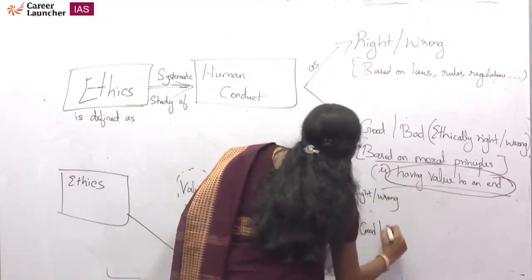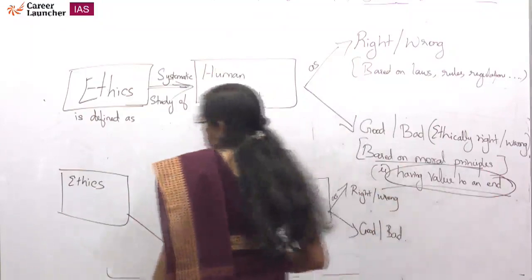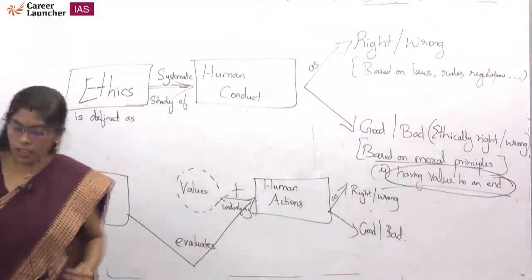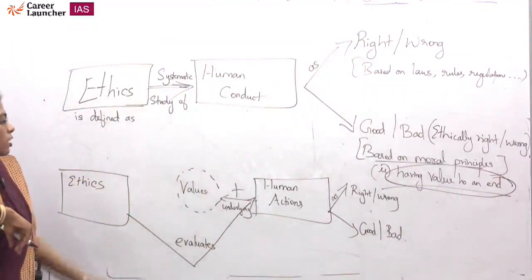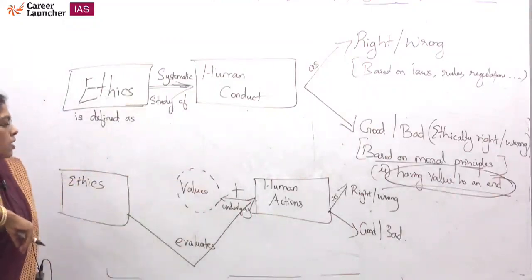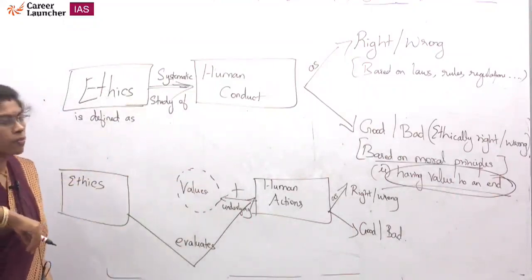Okay, this already we have written here elaborately, so just write like this. So this is the second definition of ethics. Ethics evaluates human actions and the values underlying the human actions as right or wrong or good or bad, right?